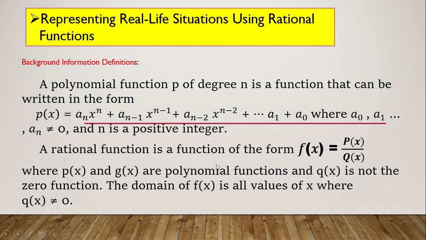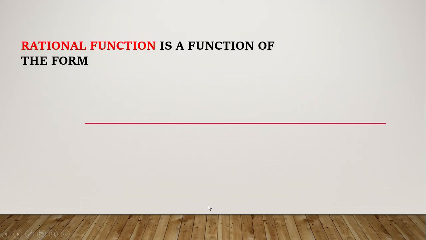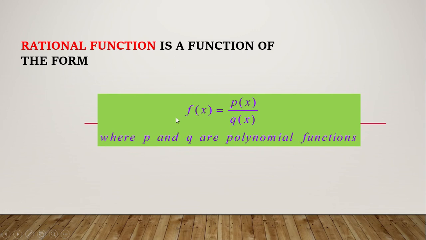So a rational function is in the form f of x is equal to p of x over q of x. So class, f of x is equal to p of x over q of x, where p and q should be polynomial functions.